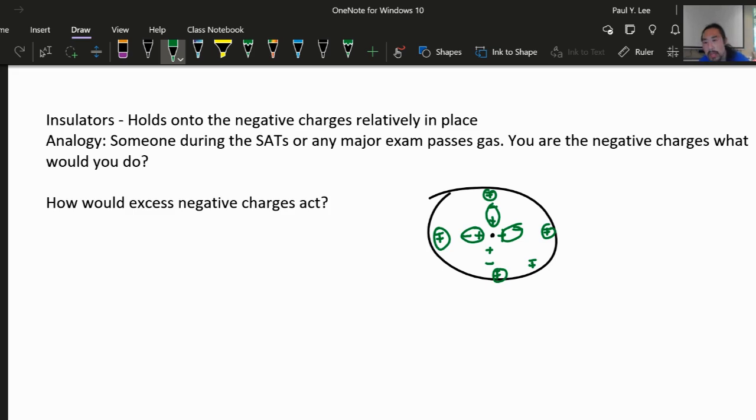Okay, so let's use the same idea here of trying to figure out what the E field would look like. So in future units, we're going to go over the math as to why this is the case, but let's go over the general ideas. So if we were to come up with an E field versus r graph, we're actually going to work backwards.